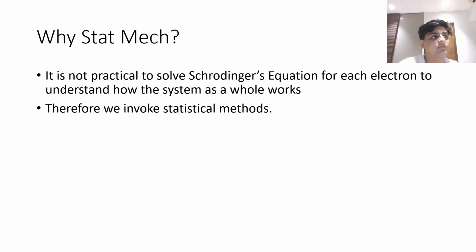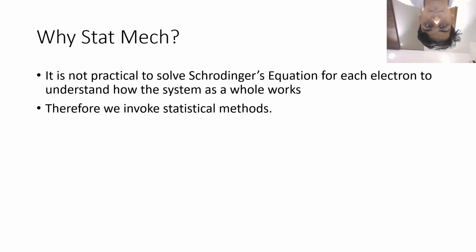And when we invoke these methods, we are able to change the approach from purely quantum mechanical to something which we call semi-classical, where we can still apply some of our intuitions from classical mechanics.